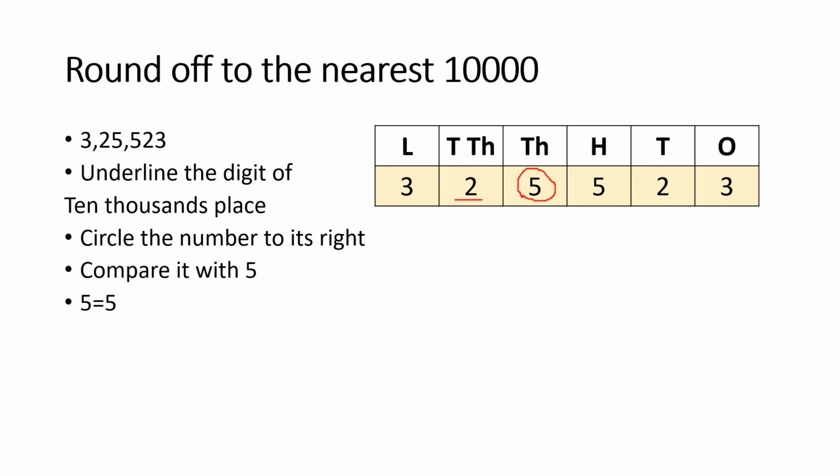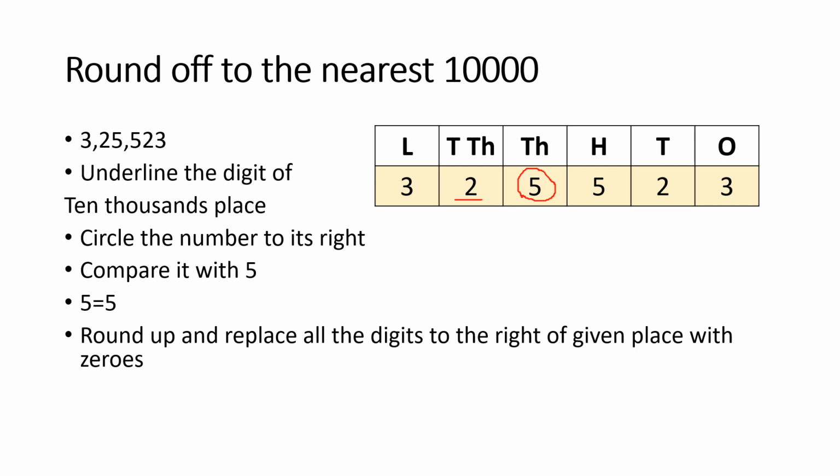It is 5 equal to 5. It means round up, and replace all the digits to the right of the given place with zeros. It will be 3,30,000 because this 2 will be 3 now. It is the condition of round up.